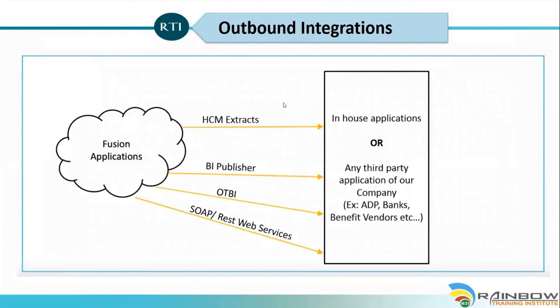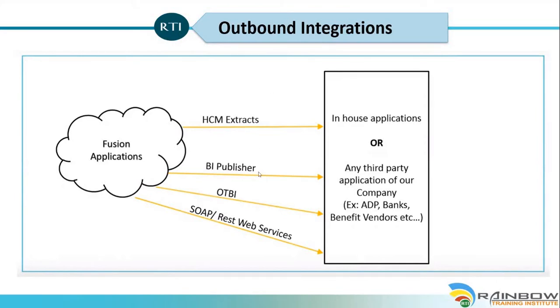So yesterday, before beginning the HCM extracts itself, I explained that if you want to build outbound integrations, like extract something from Fusion applications and pass it on to other applications, if it is financial or supply chain management, you can use these three options. If it is HCM, again, you can use these three options.